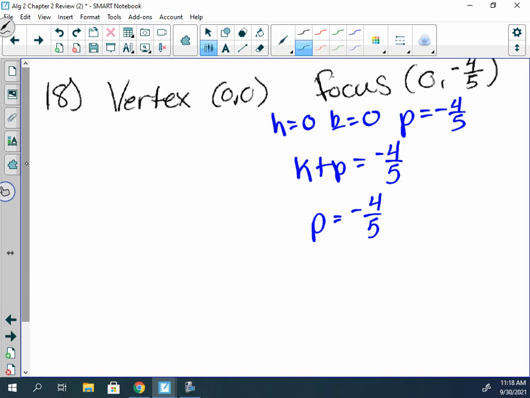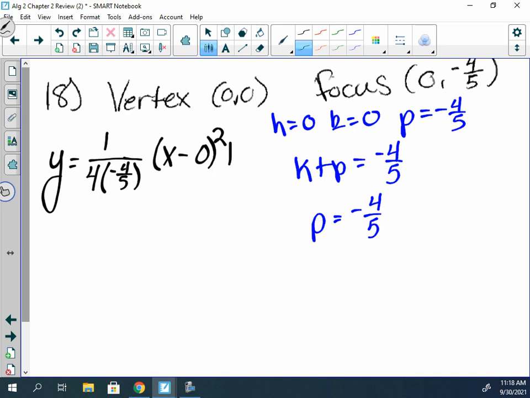So it's telling me that the equation that I have is y equals 1 over 4p, parentheses, x minus h squared plus k. So we have y equals 1 over 4 times negative 4/5 times x minus 0 squared plus 0. Now again, just like with the one we had previously, 4 times negative 4/5 will not give us a whole number.